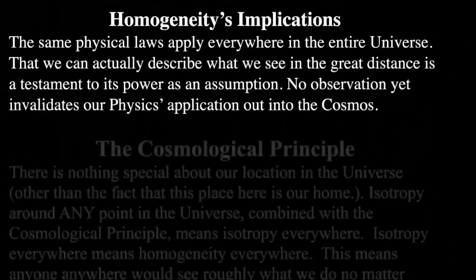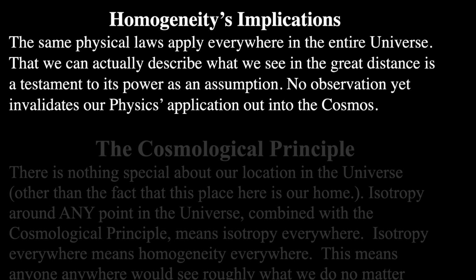Now, because we're looking at homogeneity as a cosmic average of stuff, that means that stuff probably behaves the same everywhere. So homogeneity has a very interesting implication. And that means that the same physical laws apply everywhere in the entire universe. And we can actually see in the great distance that things look roughly like galaxies and expanding clouds of hydrogen gas, and we can explain things with black holes and star formation.